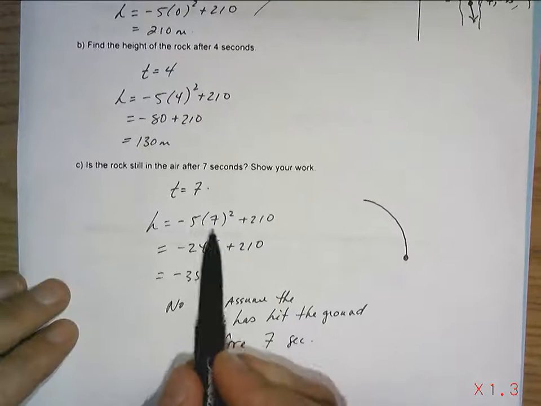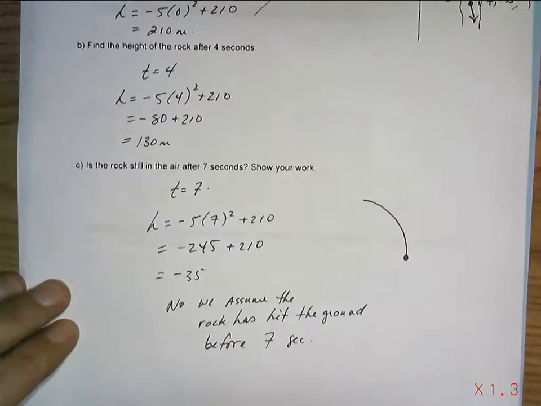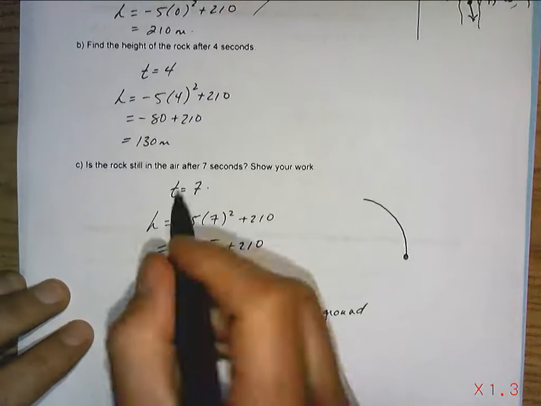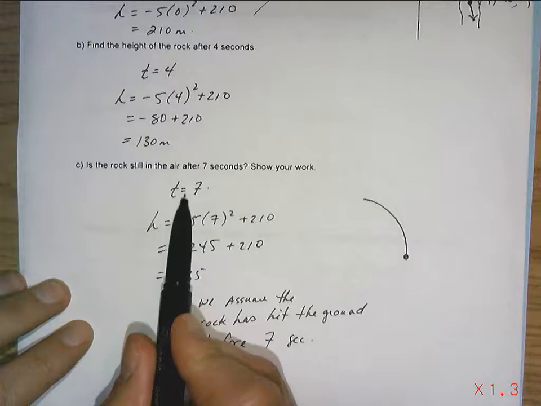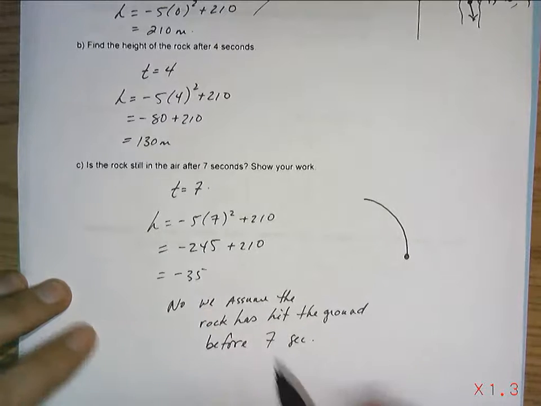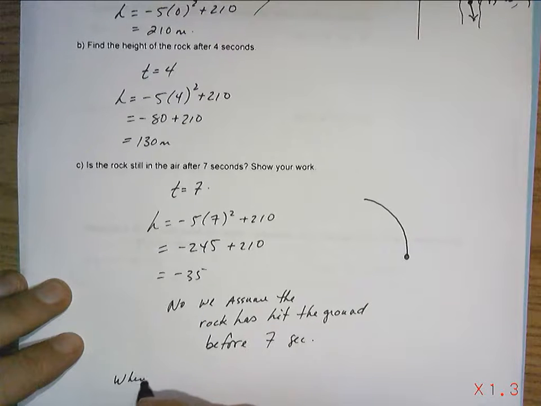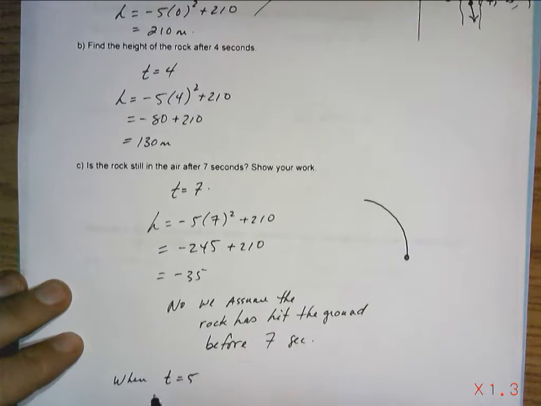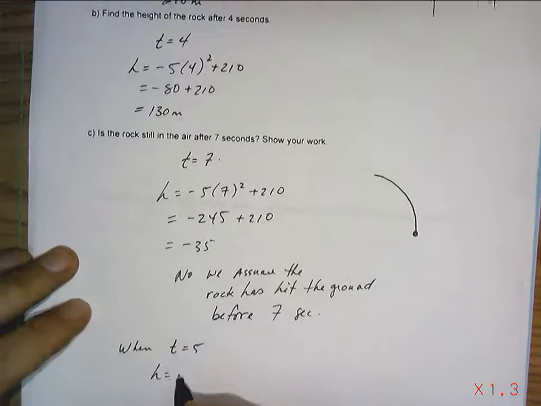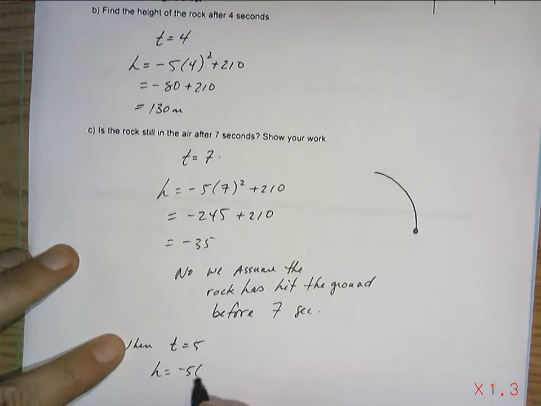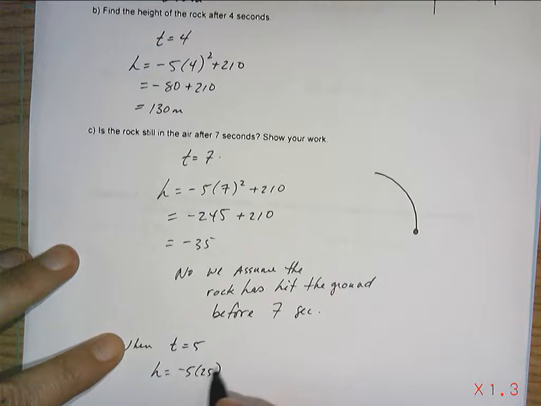I guess we could. We could keep playing with this until we came up with 0, if we ever did. So we know that it must be between 4 seconds and 7 seconds. Let's try 5 seconds. So when t equals 5, you're going to get a height of, now the question didn't ask for this, I'm just doing this because it's kind of fun. 5 squared is 25.